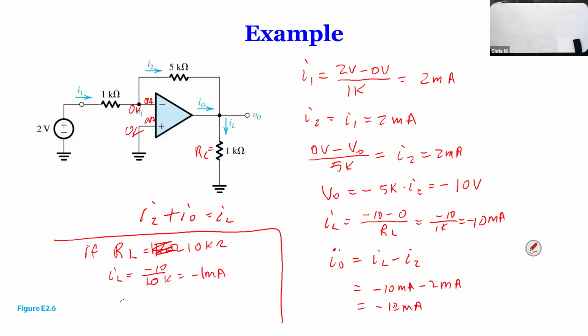So now how much is IO? It's IL minus I2, it's minus 1 milliamp minus 2 milliamps. Okay, well, it's still negative, minus 3 milliamps. The output is a negative voltage, so current is always going that way.